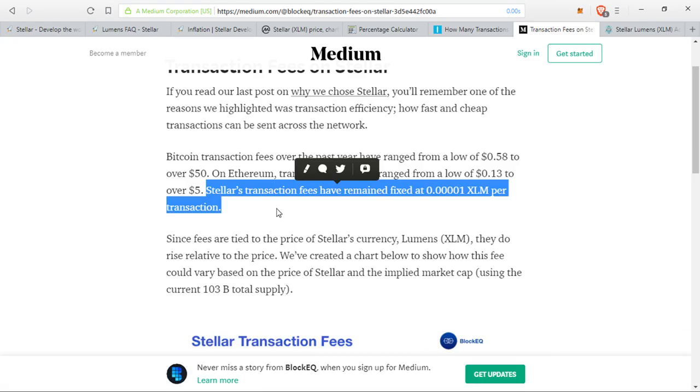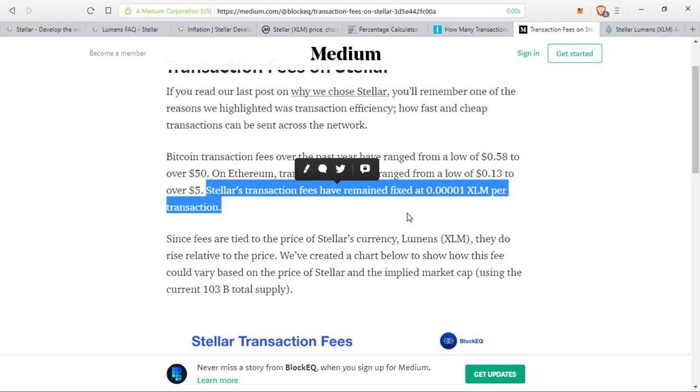Stellar transaction fees have remained fixed at 0.00001 lumen per transaction. This is also very significant, to put it as basic and as simple as possible. There are many other cryptocurrency projects out there that have a very difficult time when it comes to transacting on the network.